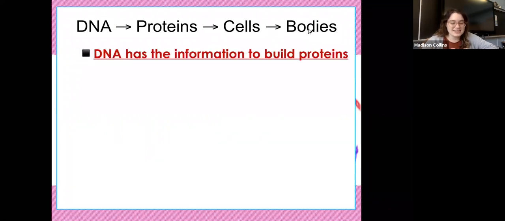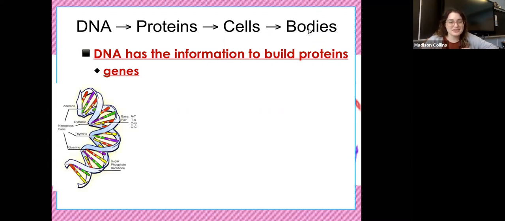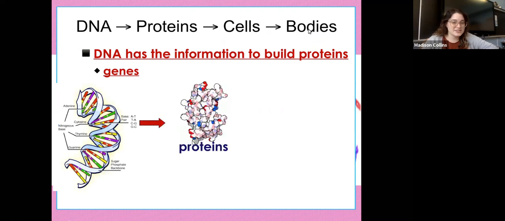So we know that DNA has the information to build proteins, right? Specifically, our genes contain this information. Those genes contain the codes for specific traits or specific physical characteristics that you will have. So here's a strand of DNA. We know that those genes are going to code for specific proteins.